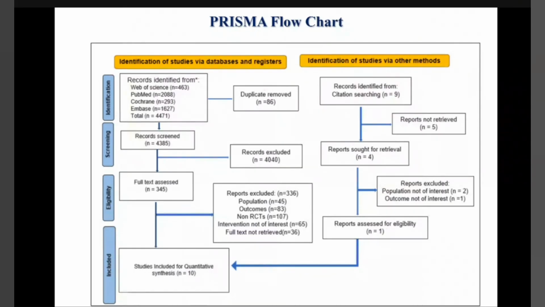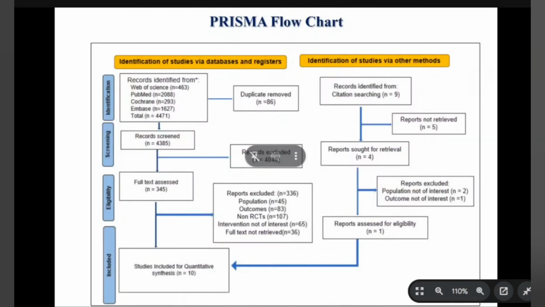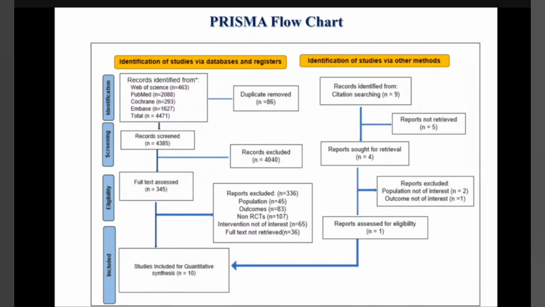This is how the PRISMA flowchart looks. You need to document everything clearly, how and where, and take every note. Whatever reports are excluded after the full text, you need to make a table: serial number, title of the article, and the reason for exclusion for every article.